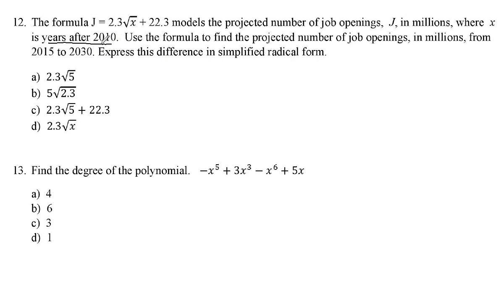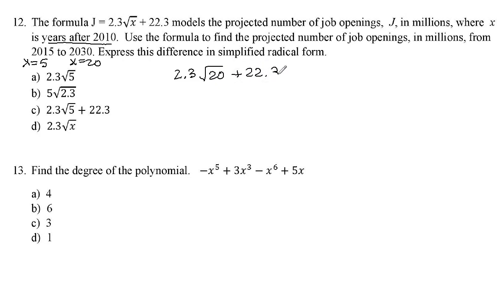Well, x equals 0 corresponds to 2010, so 2015, that's 5 years later, so there x is going to be 5. And 2030, that's 20 years later, so x is going to be 20. So we want to plug a 20 in here, plug a 5 in, and then subtract them. So that difference is going to be 2.3 times square root of 20 plus 22.3.